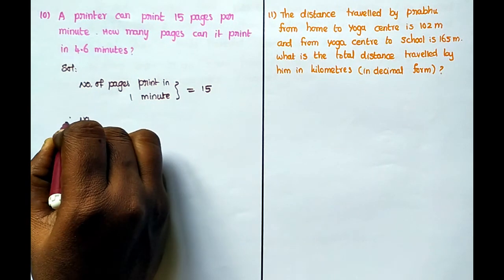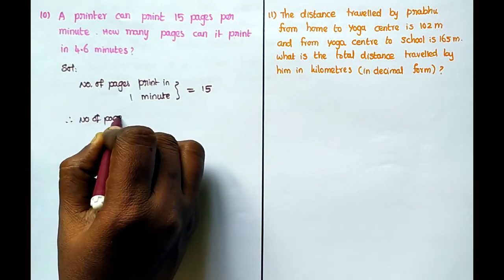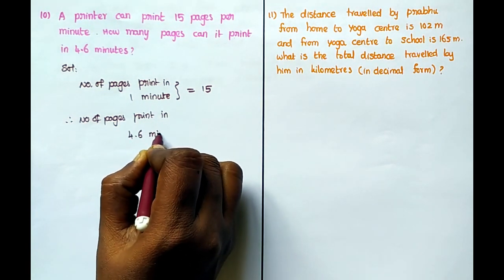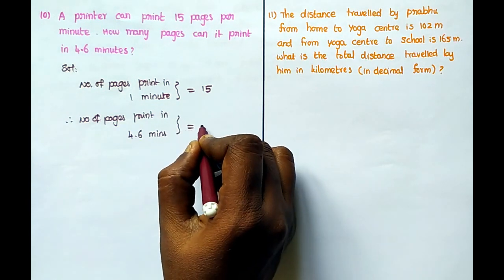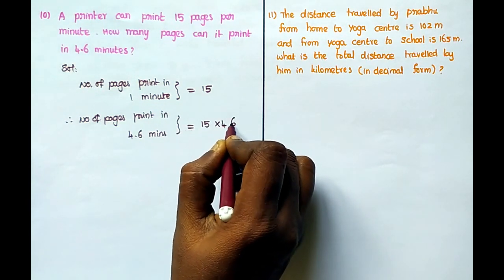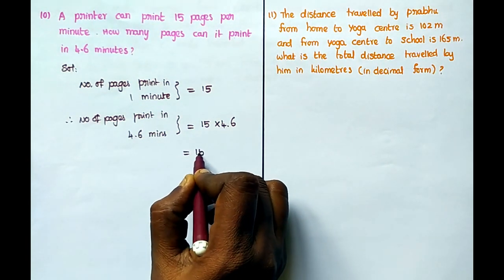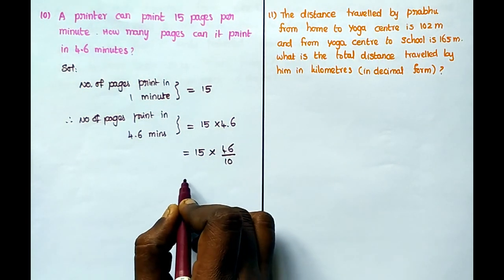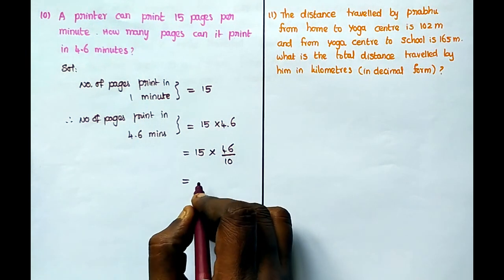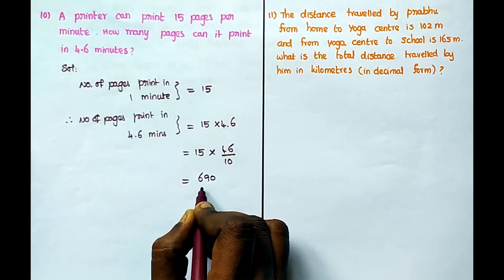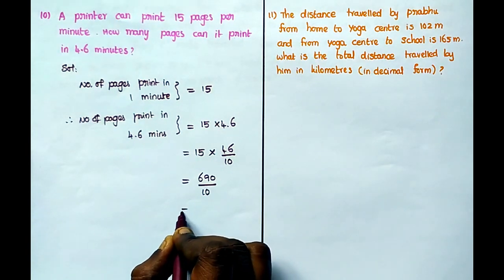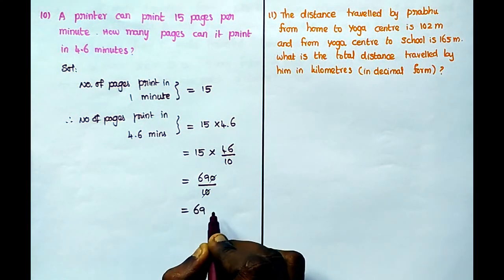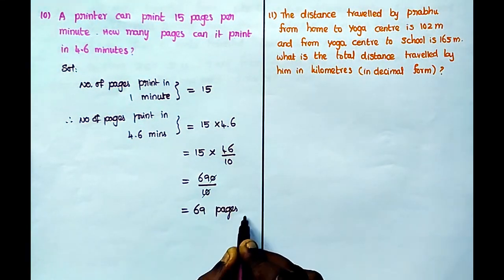So, therefore, number of pages printed in 4.6 minutes, how will you find out? 15 into 4.6. How will you write it? 46 by 10. 15 into 46 we get 690 divided by 10. 0 and 0 get cancelled. So we get 69 pages. That is the answer.